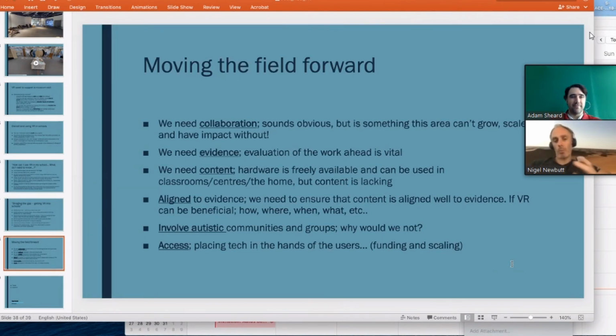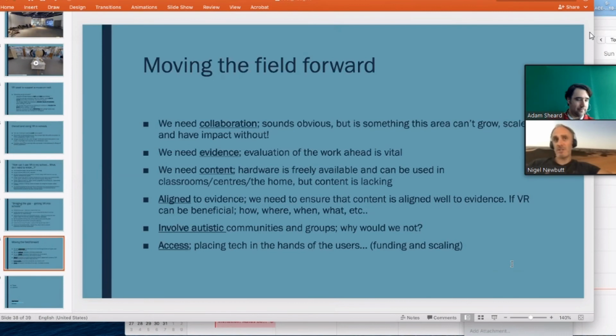And why wouldn't we? Which I think then links to the idea of how this field can be funded and scaled. So I think we need to move towards developing specific content. We need to be building the evidence base in such a way that we start to get policymakers and strategists involved in this and wanting to take this technology on.